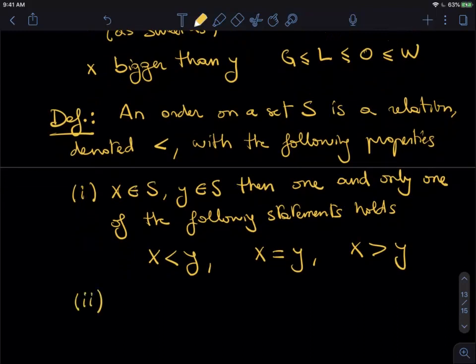And then the second property is the transitivity.